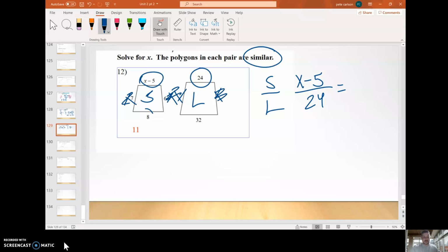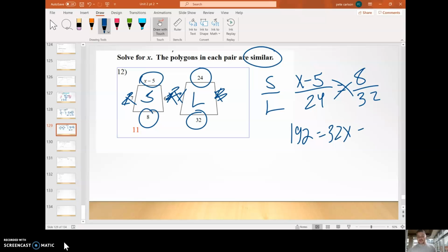So now let's look at the bottom. In the small, we have an 8 on the bottom. In the large, we have a 32 on the bottom. Now to solve this problem, all you have to do is cross multiply. 24 times 8 is 192. 32 times x, and then 32 times 5, I believe, is 160.